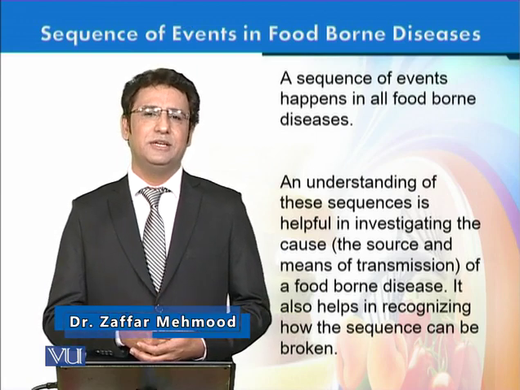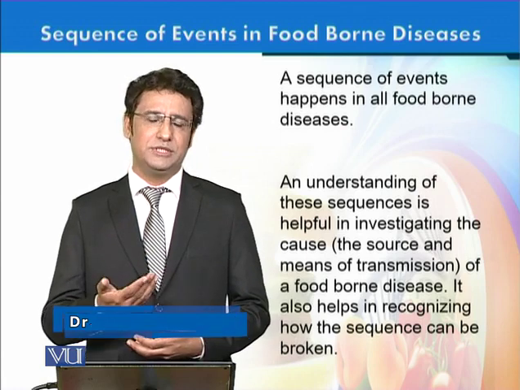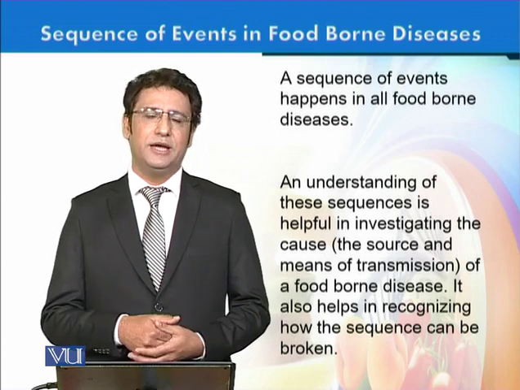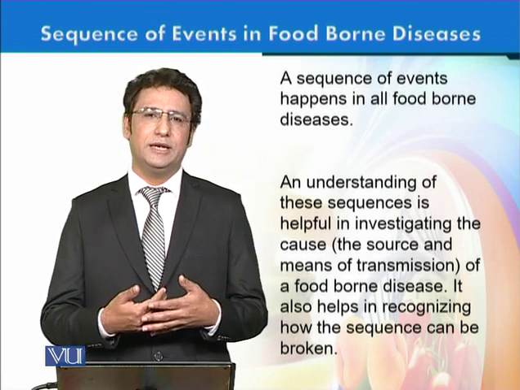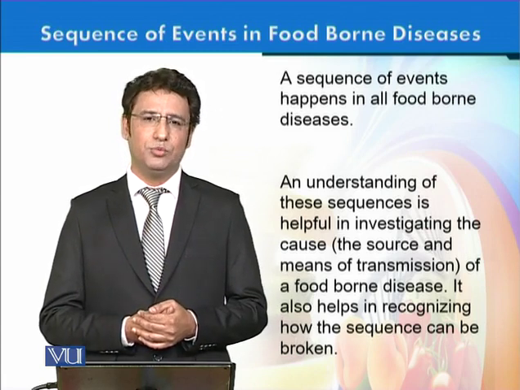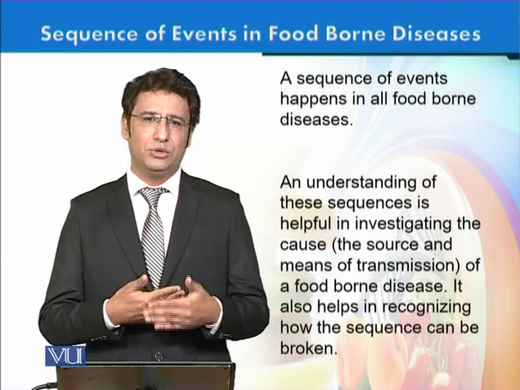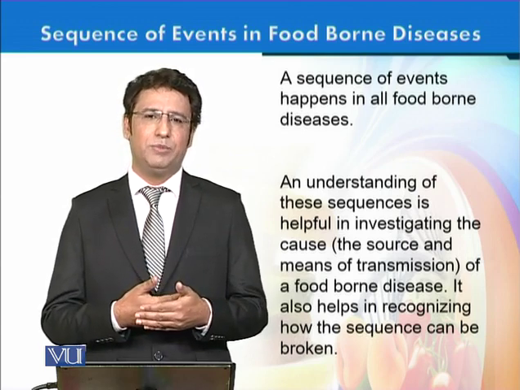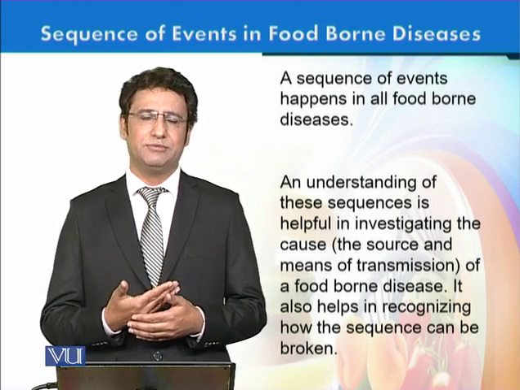the way it grows inside our foods, and all the different routes that can lead to this end result, that is, disease or foodborne infections. So once we know this in detail, it would be possible to break this sequence.